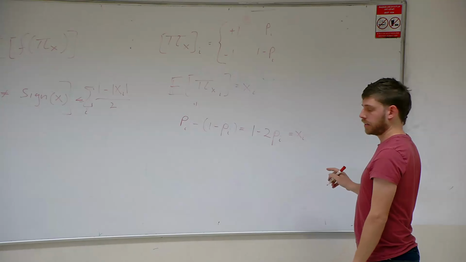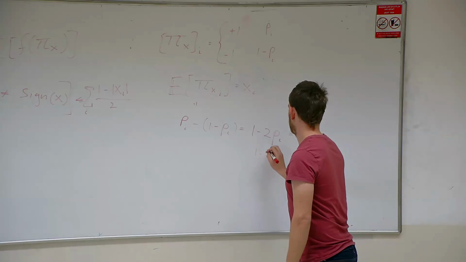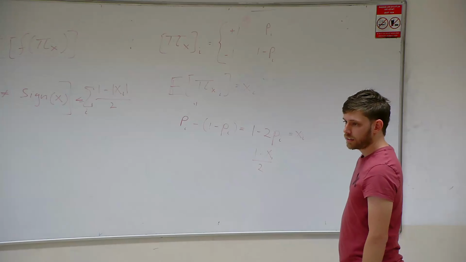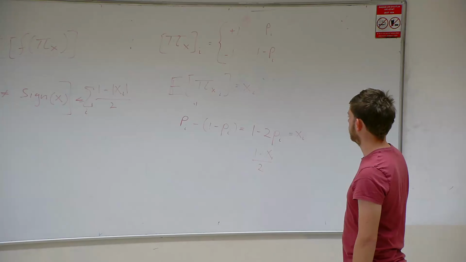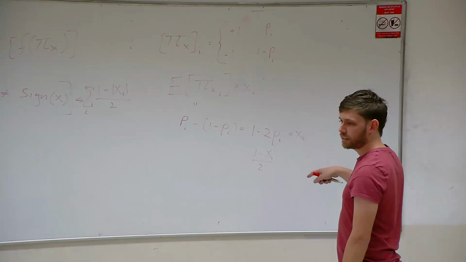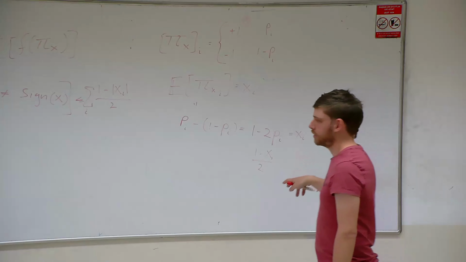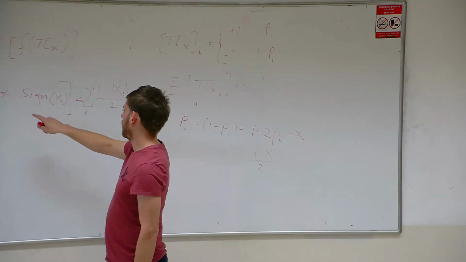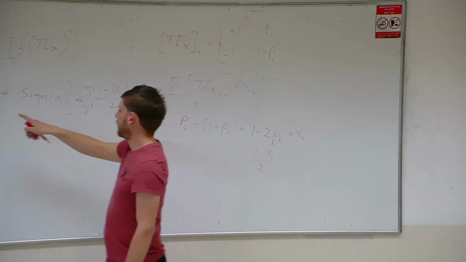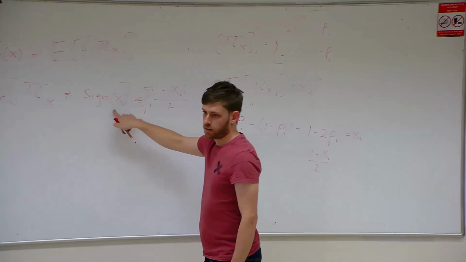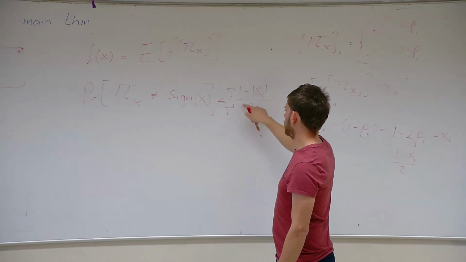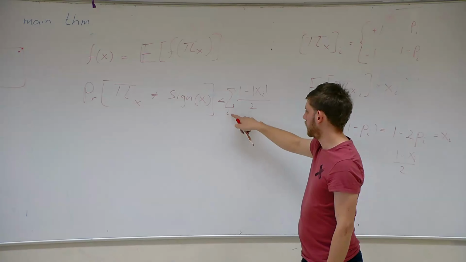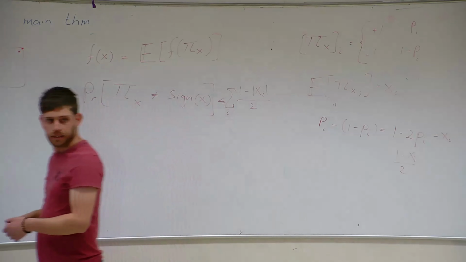That's what we want. So we get 1 minus xi over 2. And I'm probably missing something with the absolute value, but you should believe me that the probability that in the ith coordinate pi does not equal the sign of xi is equal to this term, and then the union bound just gives us the sum of all the coordinates.